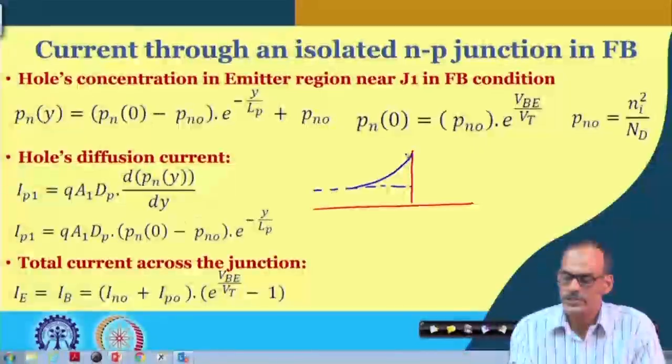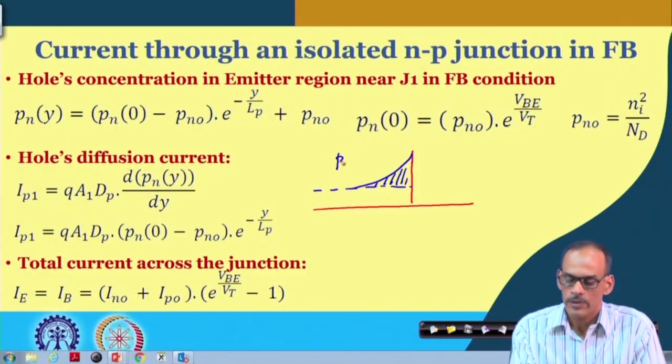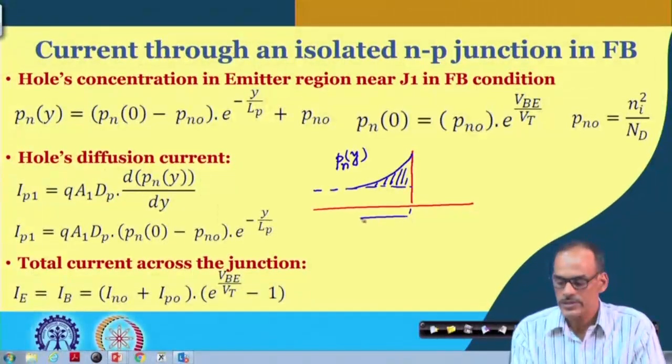So, here also there is an exponential change of the minority carrier in the n region, namely pn(y), and y is changing from 0 to a higher value here.